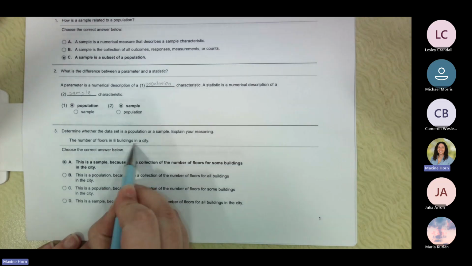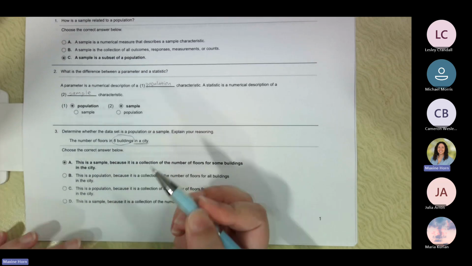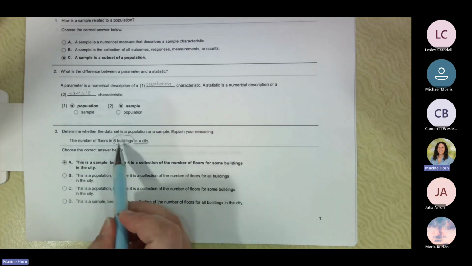All right, determine whether the data set is a population or a sample and explain your reasoning. The number of floors in 8 buildings in a city. When they say in a city, that is going to be your population. They only inspected 8 buildings, so 8 buildings is a small subset of the population of all of the buildings in the city.